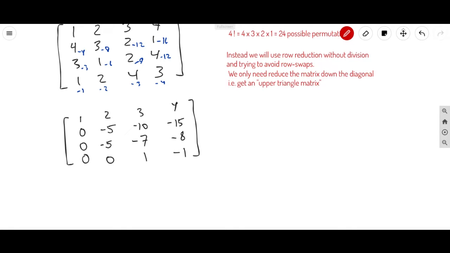So let's highlight the pivot, pivot, pivot. Usually when you do row reduction, you turn that number into a 1, but we're doing this without division. We're just going to keep it as it is.